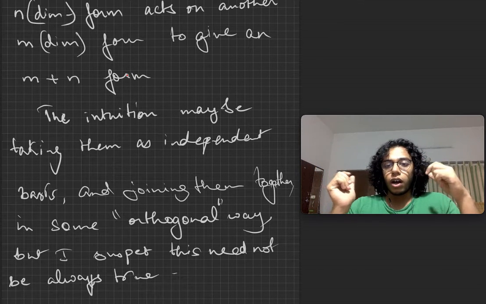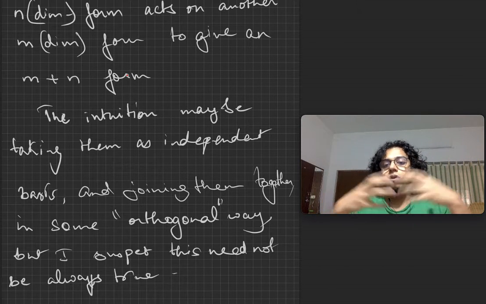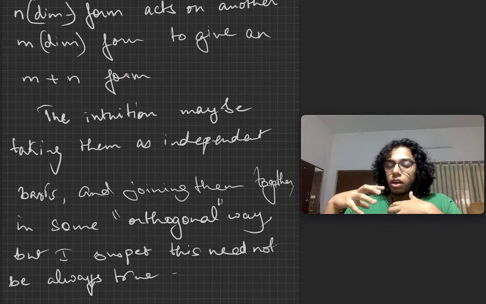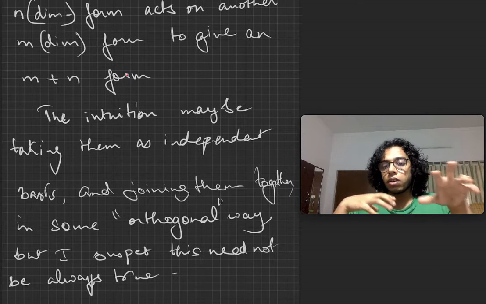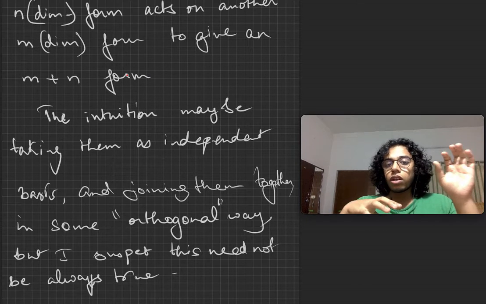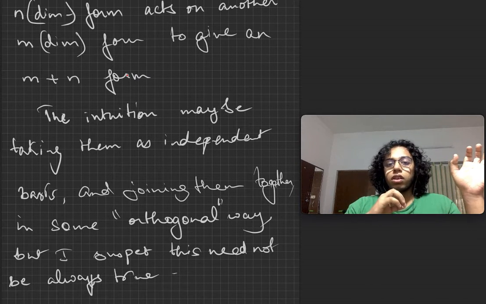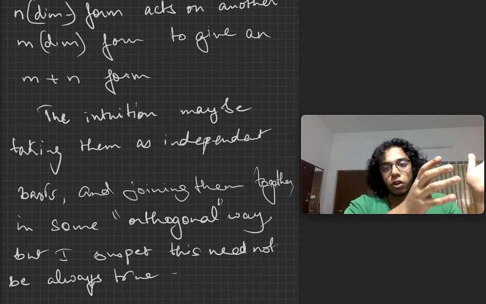So you take n dimensions and add m more dimensions, which are not necessarily completely orthogonal to each other, but independent basis vectors, right? That means you can have n plus m independent vectors in the new form that you're taking.